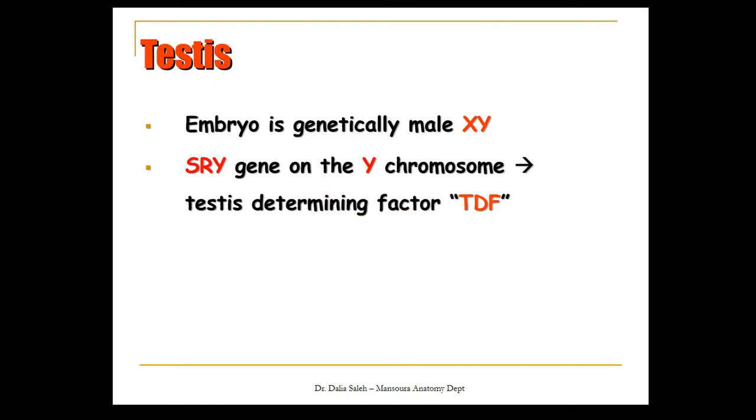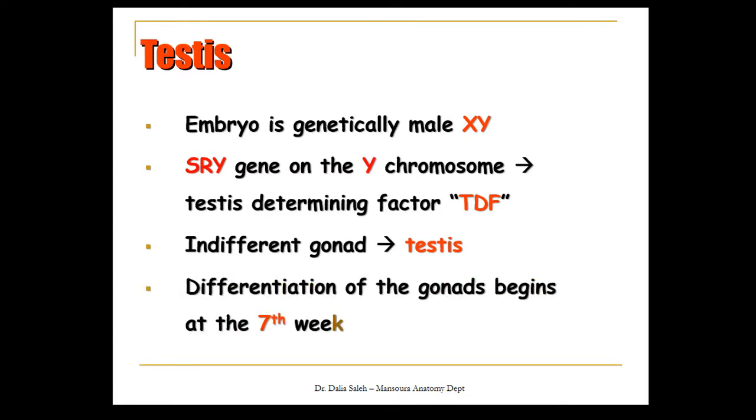On the Y chromosome, there is a region which carries the SRY gene, or sex determining region on the Y chromosome, that affects the indifferent gonad and transforms it into testes. This differentiation of the gonads from the indifferent stage to testis occurs around the 7th week of development.